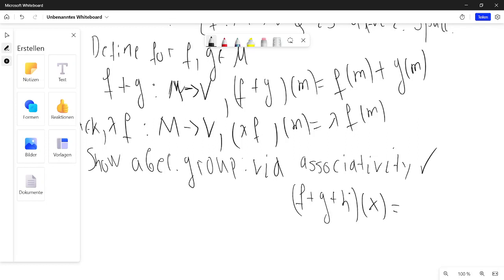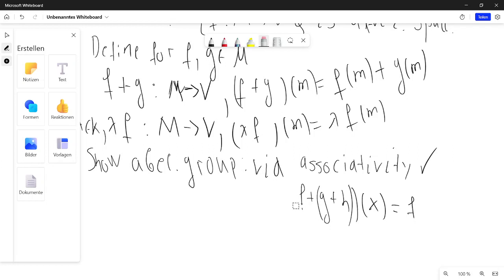Nothing else happens. You just do pointwise evaluations, just like you did with the vectors. Of course, we have to show associativity, so we do that.